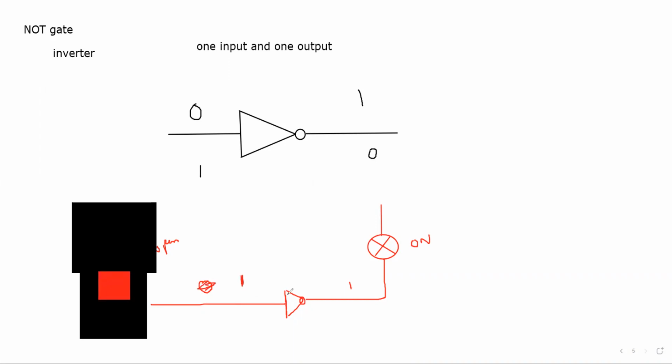So if it is 1, what will the inverter make? The inverter will make it 0, and the indicator lamp or the buzzer will switch off. So basically, inverter, from the name you can understand, if it is 0, it will make it 1. If it is 1, it will make it 0.